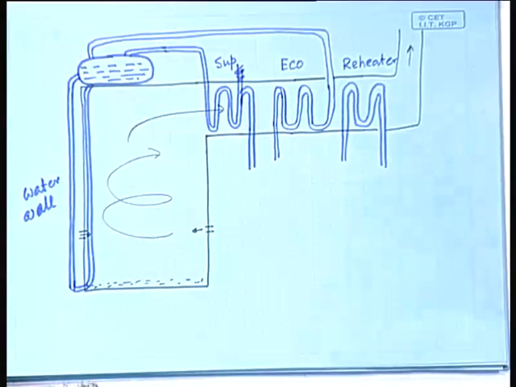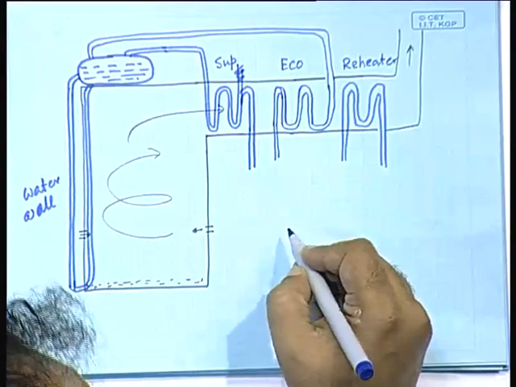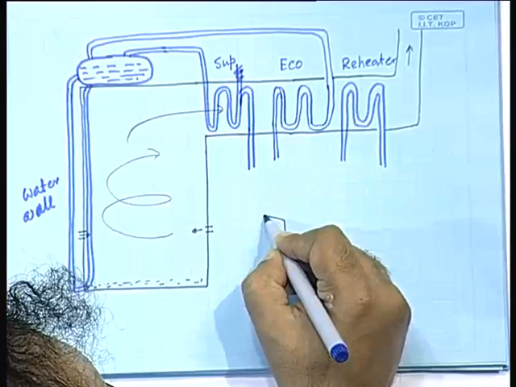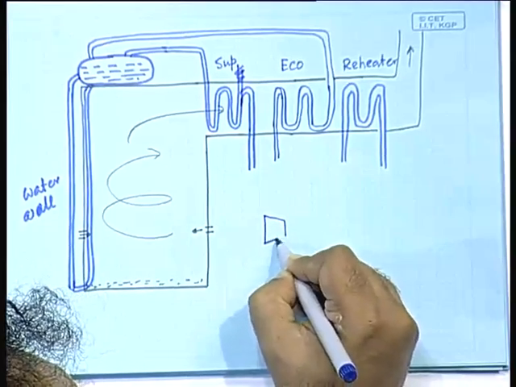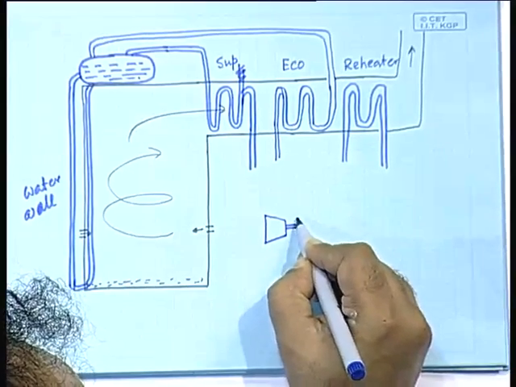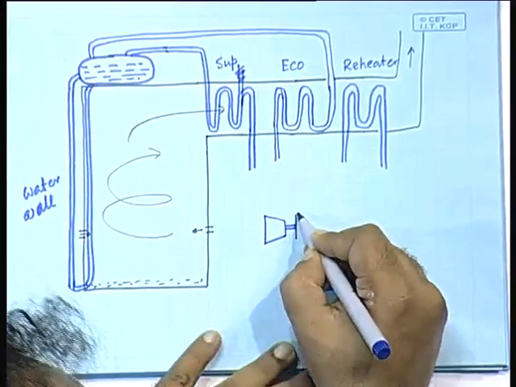Now we are in a position to complete the diagram. We have the high pressure turbine like this, which is connected to the low pressure turbine.